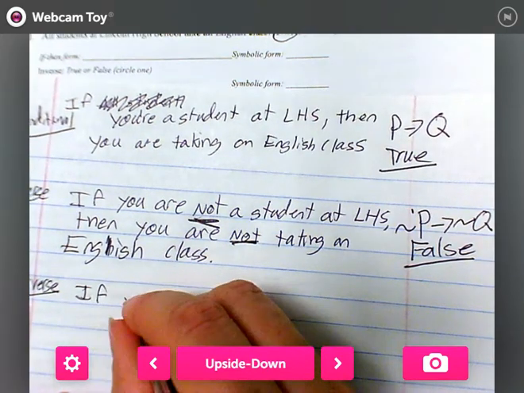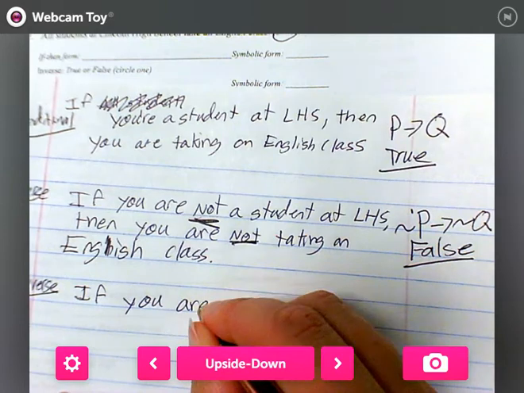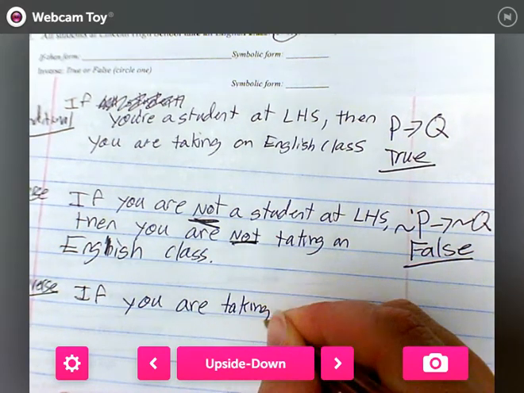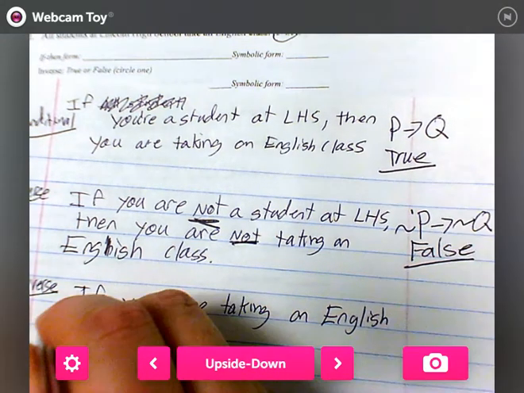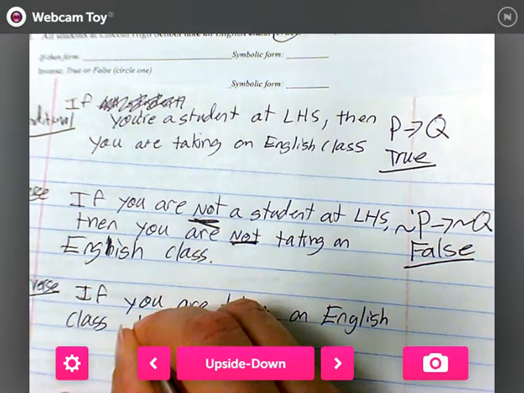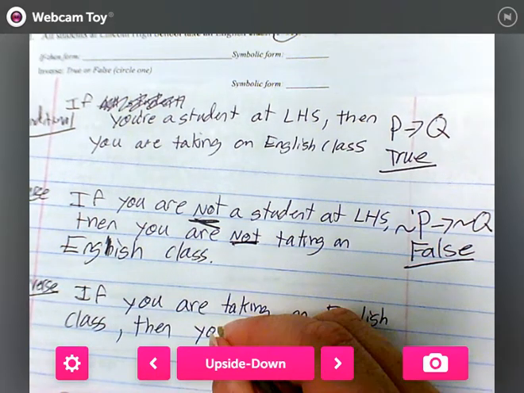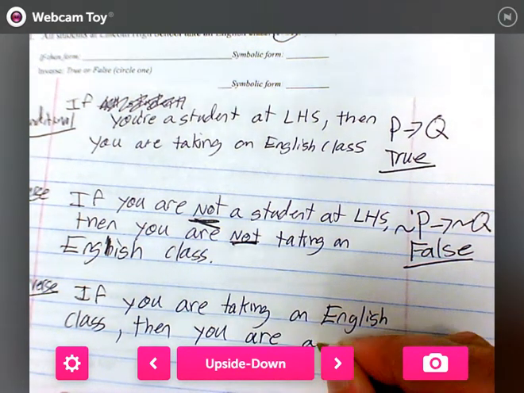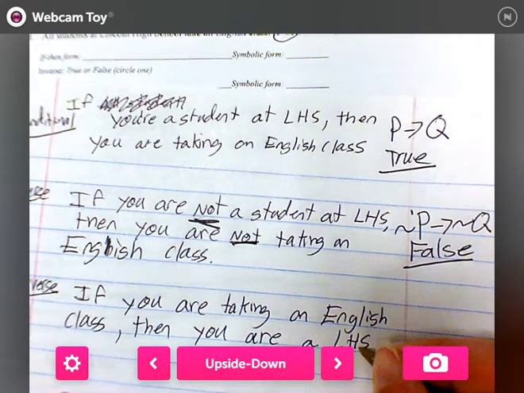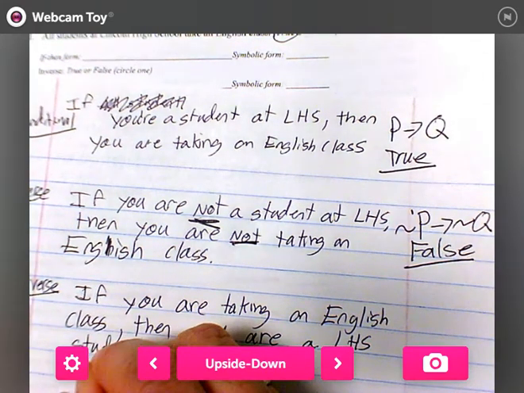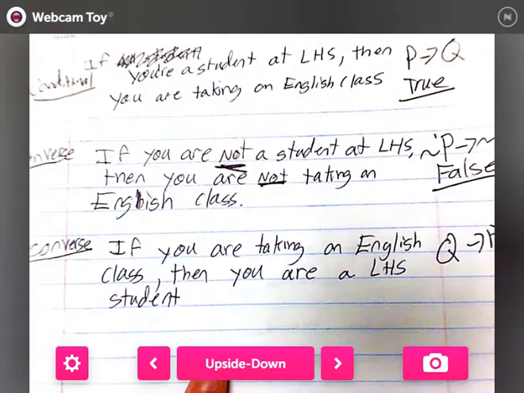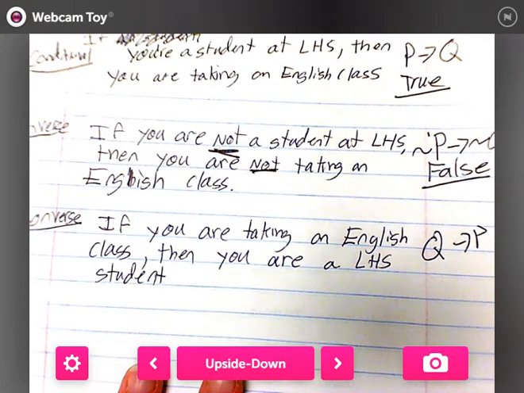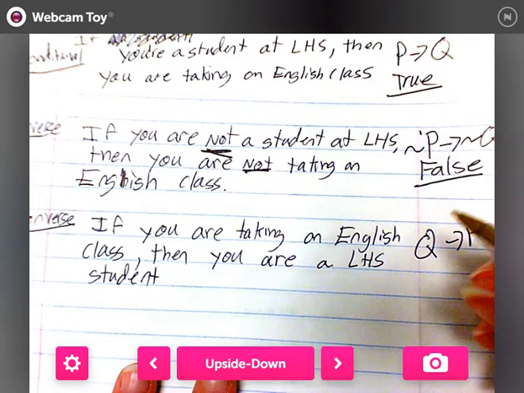If you are taking an English class, then you are a LHS student. This is Q to P, and I will put it up here so you guys can actually see. And this is false, right?